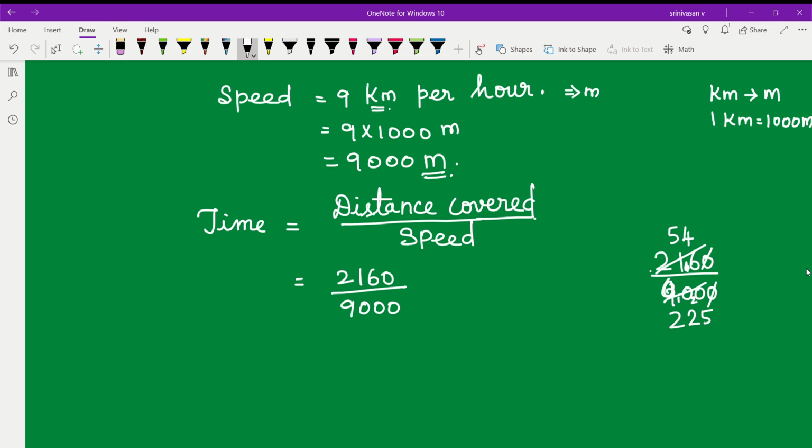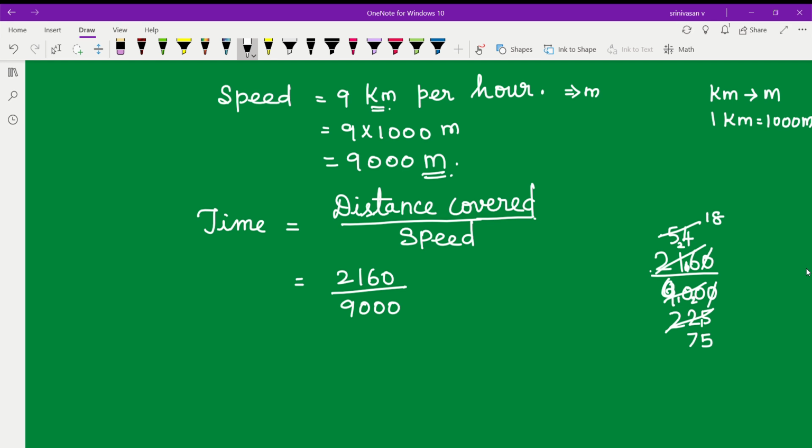225. Let us use 3 table to cancel these terms. 3 1s are 3, 8 3s are 24, and here 7 3s are 21 and 5 3s are 15. We have 18 and 75.